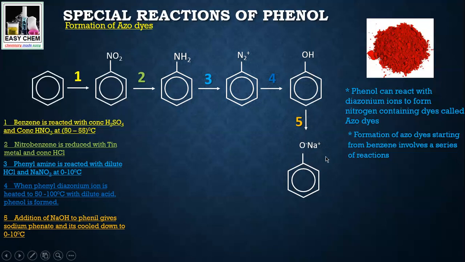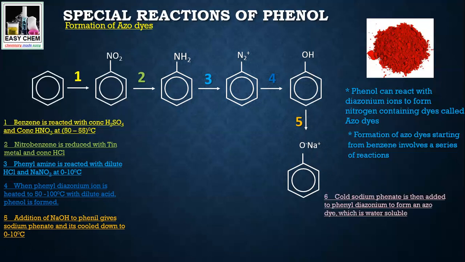Now, this sodium phenate ion is cooled down to very low temperature. Here we can see in number 5, addition of sodium hydroxide to phenol gives sodium phenate, and it's cooled down to 0 to 10 degrees Celsius.